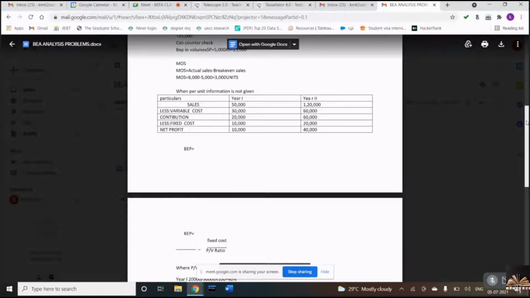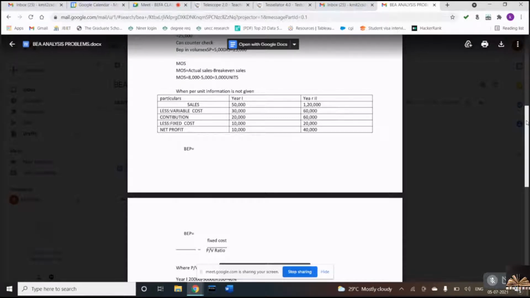Now take down the next problem. A company makes a single product with selling price rupees 10 and a variable cost 6 per unit.